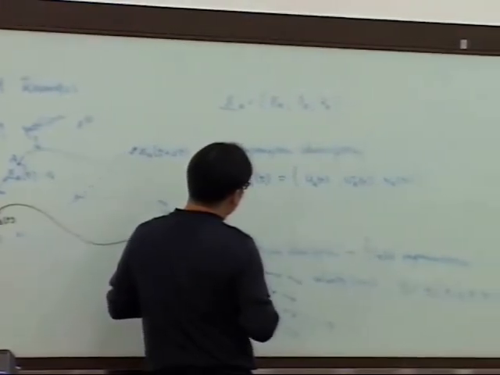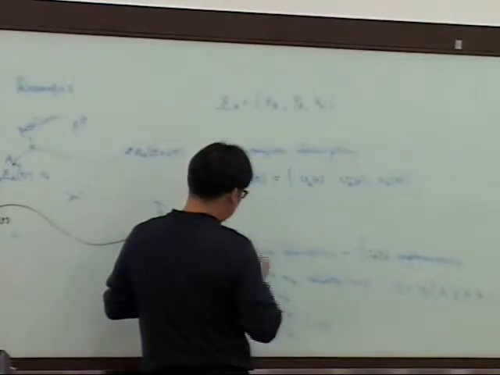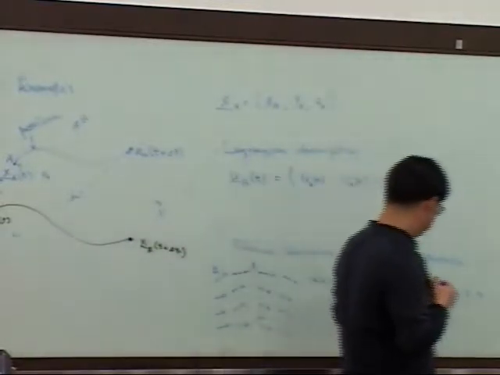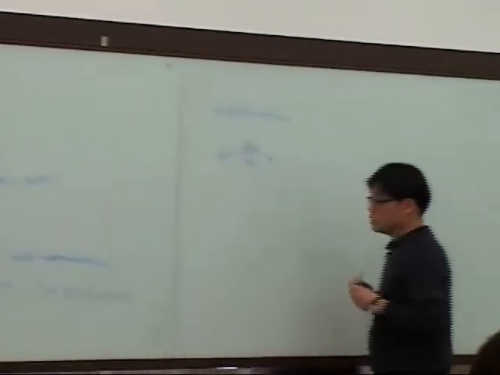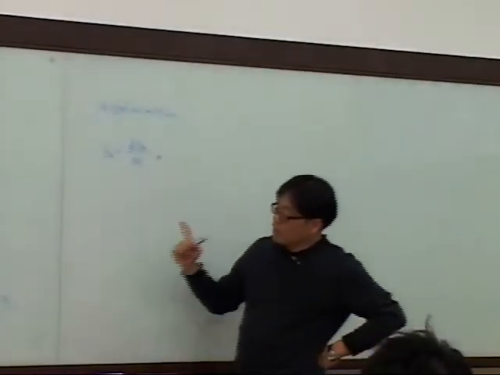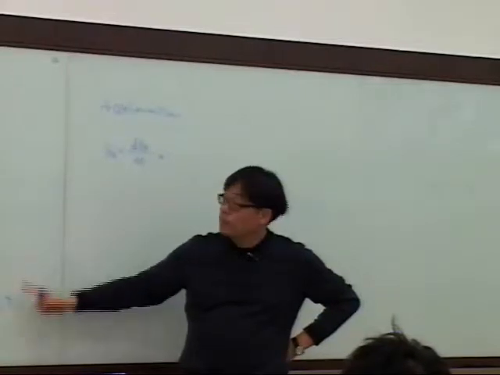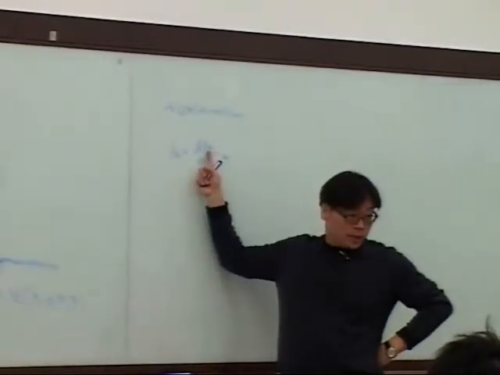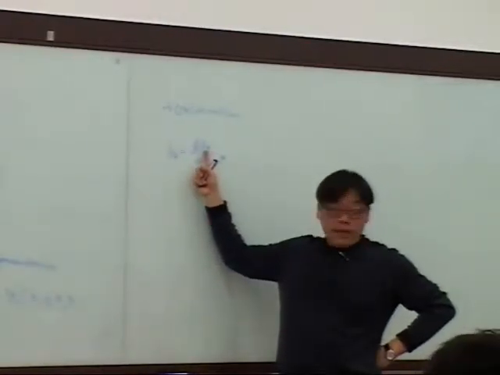But I want to use this Eulerian description to find this UA.